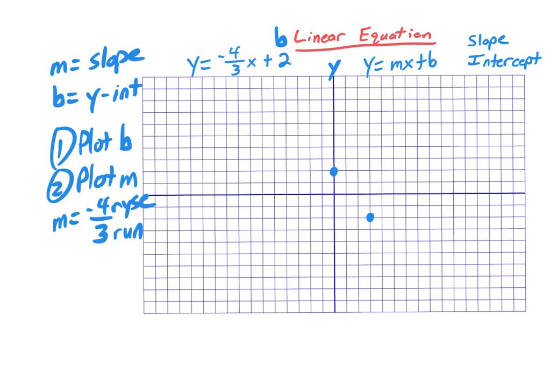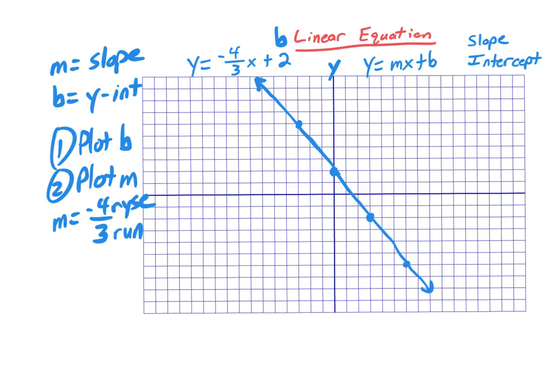I can go down 4, right 3. I also could go up 4 and left 3. But when I start to look at those points, what I identify or what I see is that they're all going to make a line, right? And so now we can connect all those together and we can make a line. And that would be our graph.